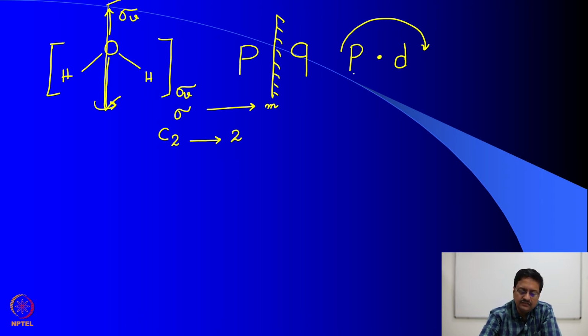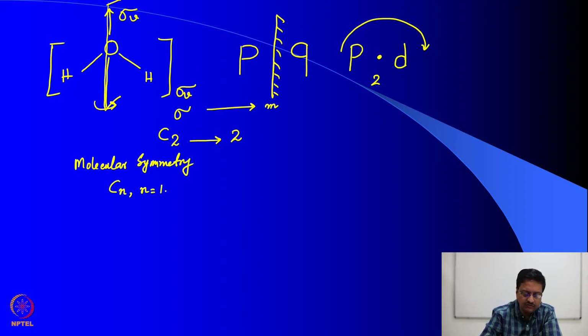So, these two are related by a two-fold axis. Now, as we knew, in molecular symmetry we had the Cn axis with n equal to 1, 2, 3, 4, 5 up to infinity, because we have seen the C infinity axis.